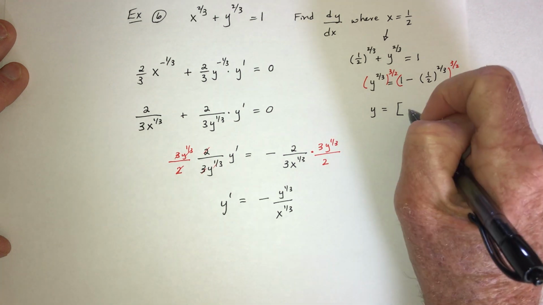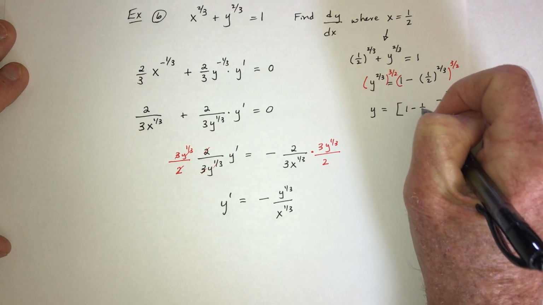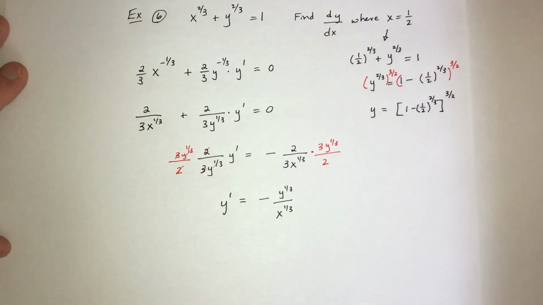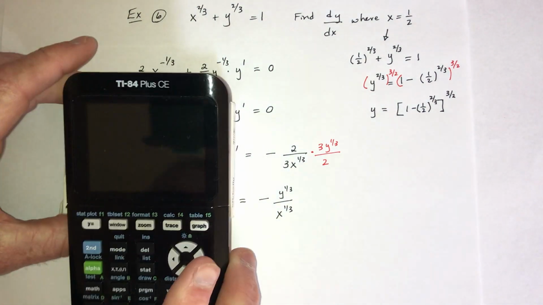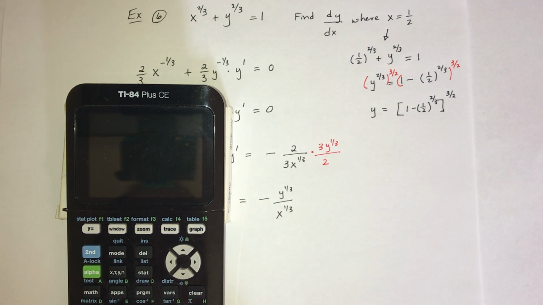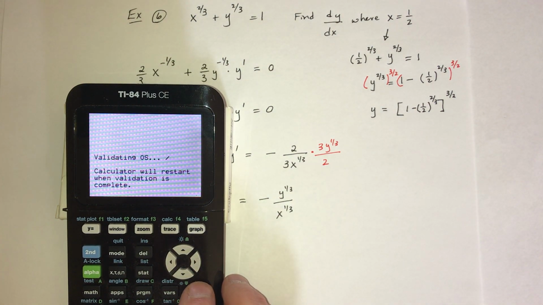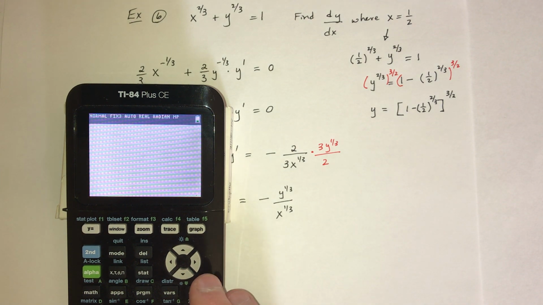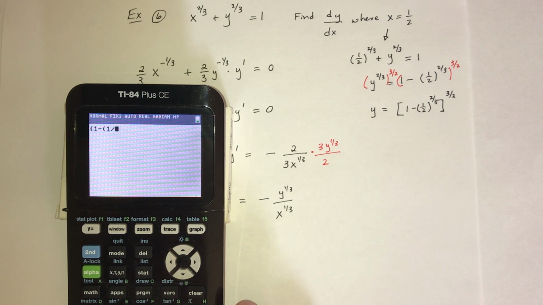Then I'm going to need to type this into a calculator. Luckily, I happen to have a calculator right here. The calculator seems to have fallen asleep. Okay, there we go. So I need parentheses, and then I need 1 minus, and I need parentheses.